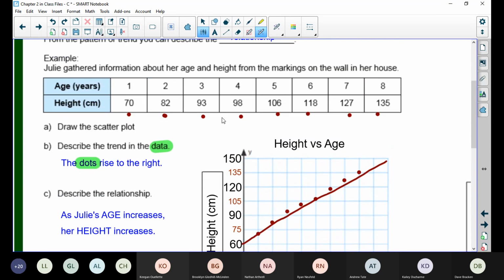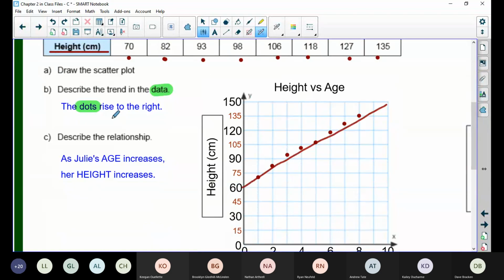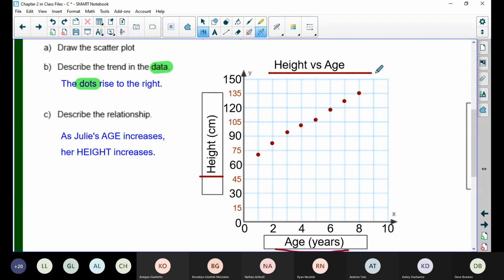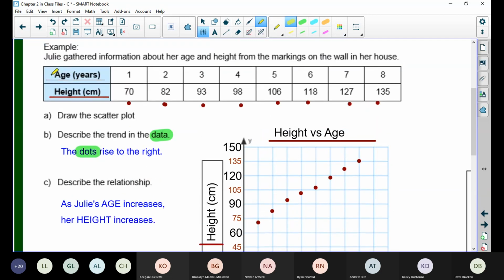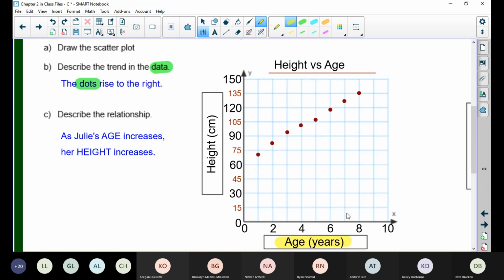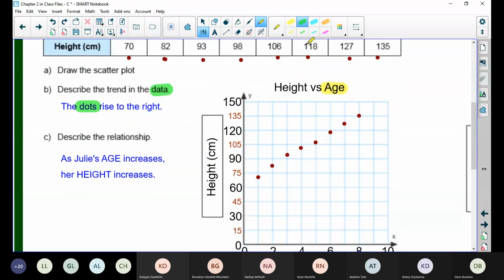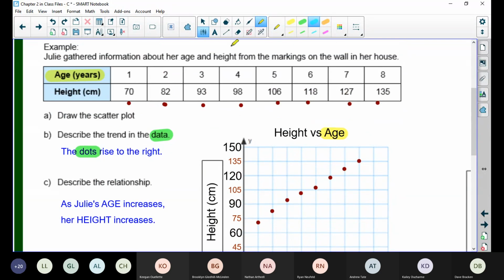Now, these 2 variables, located here and here, they always have this pattern. The first one in your table is always on the bottom and is always the second one in your title versus the second one.